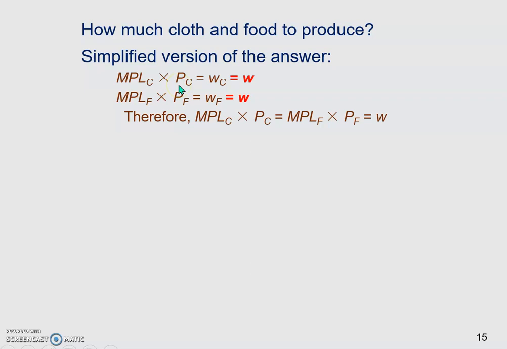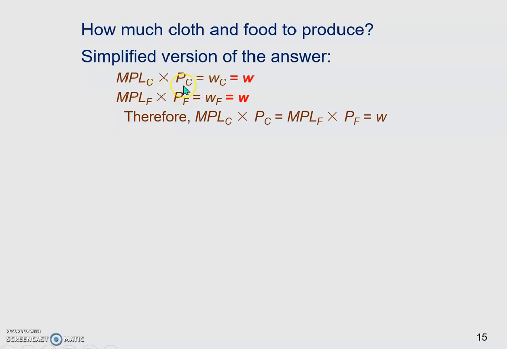But in intermediate macroeconomics, we more often wrote this in a slightly different way. We said that it's MPL equals W over P. Remember that? So it's marginal product of labor equals real wage. Okay?